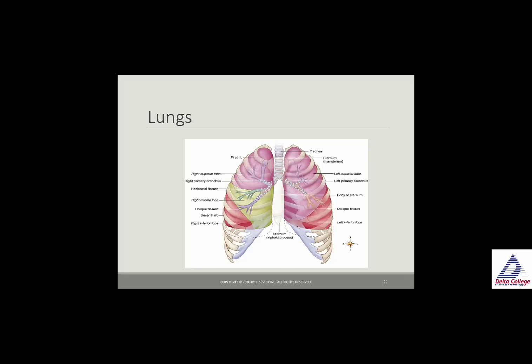So here are the lungs. Now you'll notice the left lung has two lobes, the left upper lobe and the left lower lobe, because the middle is filled by the heart. So there are only two lobes on the left lung. There are three on the right: the right upper lobe, the right middle lobe, and the right lower lobe.